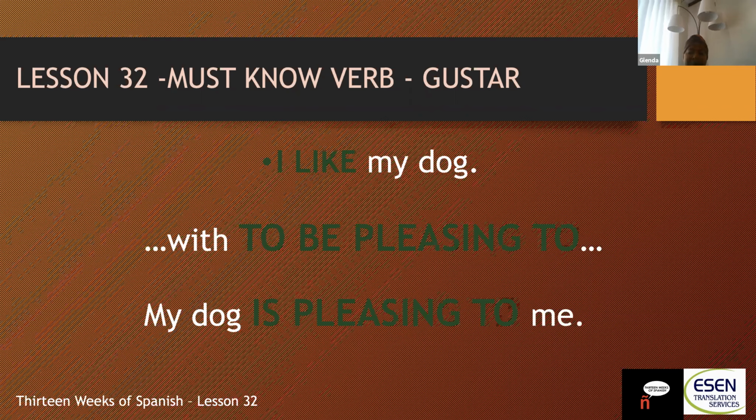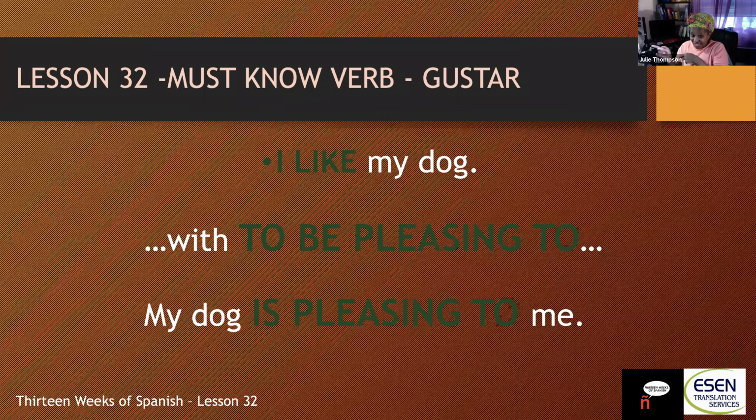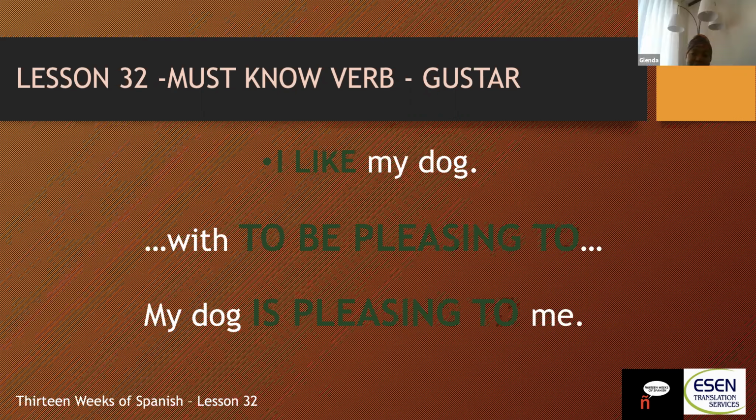Okay, so I like my dog. What's the subject? I. What's the object? Dog. But if I say my dog is pleasing to me, who's the subject? Dog. Yes, because dog is controlling the verb.